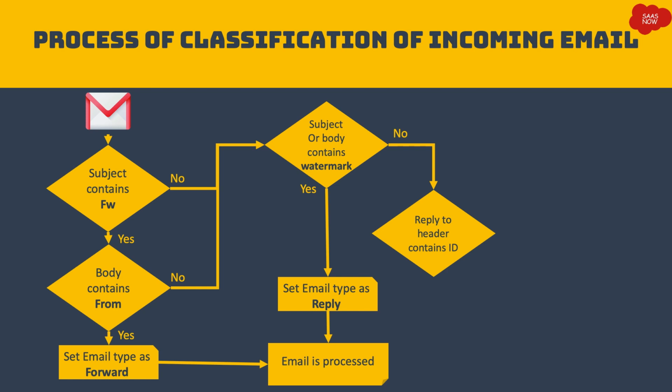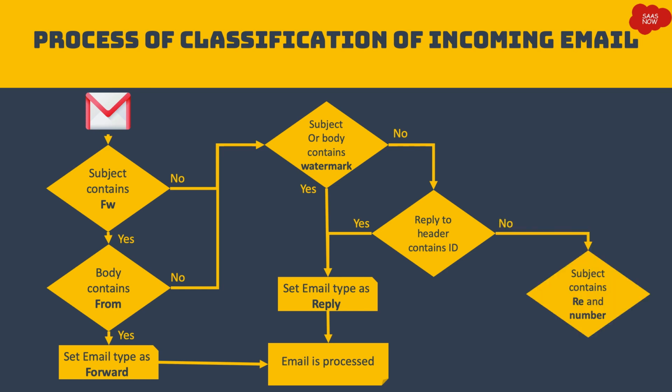If the answer is yes, then again the type of that email will be set as reply, and then the email is processed. And if the reply-to header does not contain that existing record ID, then it will check if the subject contains "RE" and a number. That means "RE:", which is for reply, and the number.